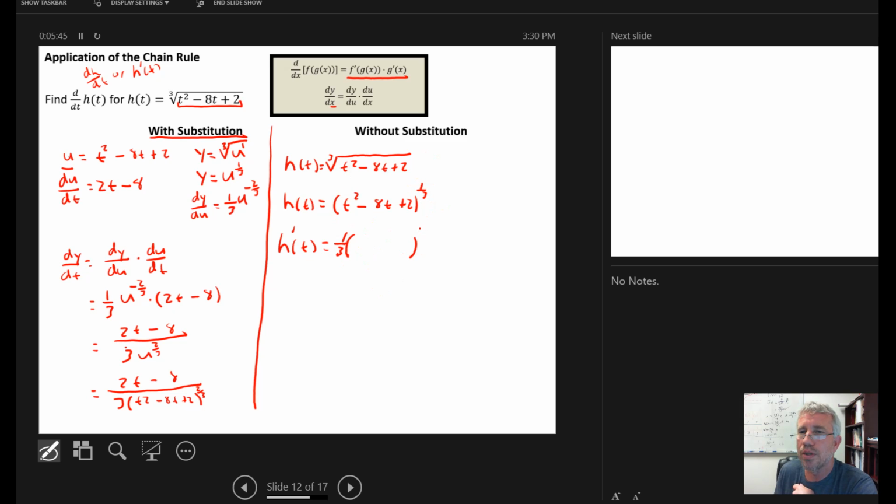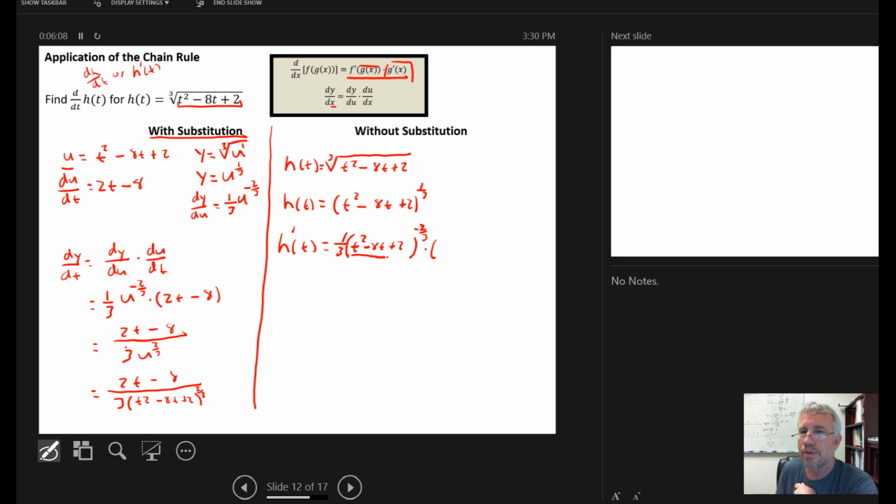Subtract 1 from 1/3 to get the negative 2/3. And then this says take the inner function and put it inside the derivative of the outer function. So the t squared minus 8t plus 2, that's on the inside of the 1/3 power, comes down, and then times, and then it says take the derivative of the inner function.